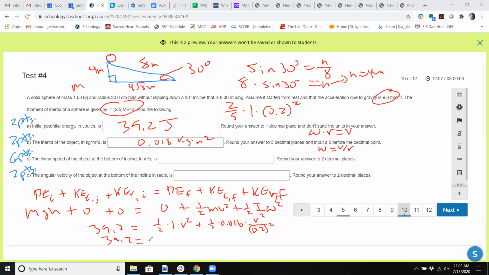If you worked all that out correctly, 39.2 equals 0.5 v squared, plus 0.016 divided by 0.04 times 0.5, so that becomes 0.2 v squared. So you said to be careful. I think that's where some people kind of made a mistake. Maybe they just look up a point, not a big deal. 39.2 divided by 0.7.